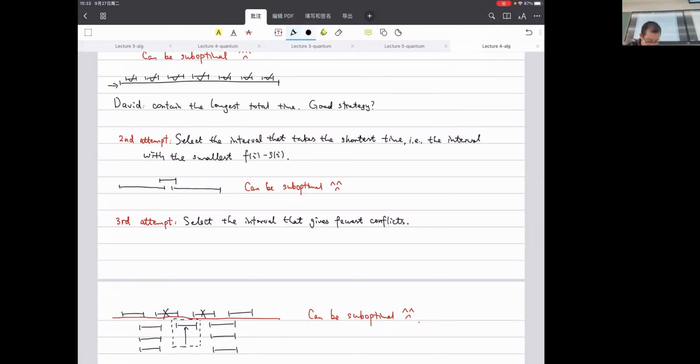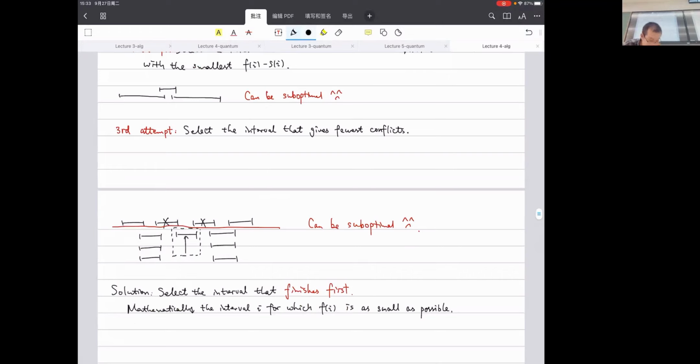How about the second example here? If you want to pick the one that finishes first, we are also going to pick this one. This one gets conflicted with the one at the top, so the only remaining choice is the last one. So this is also giving you a good strategy.